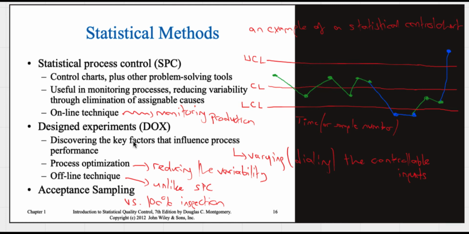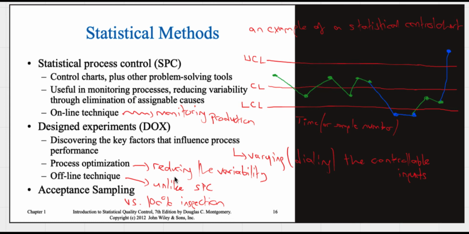The other methodology we are going to use in this course is the design of experiments. We use design of experiments to discover the key factors, the key inputs that influence the process performance and the quality characteristics of the product.